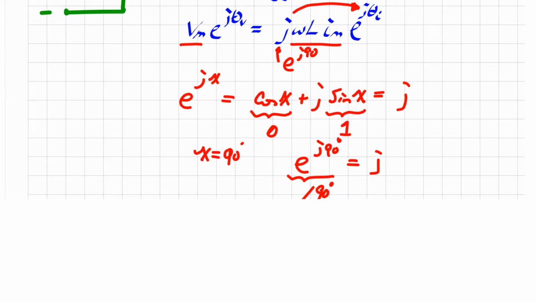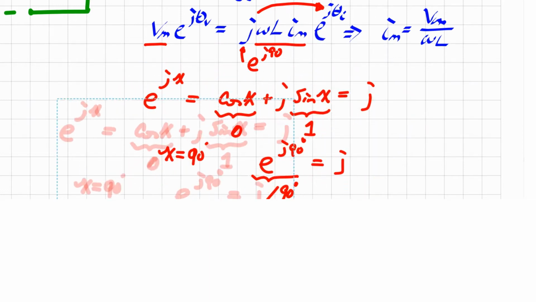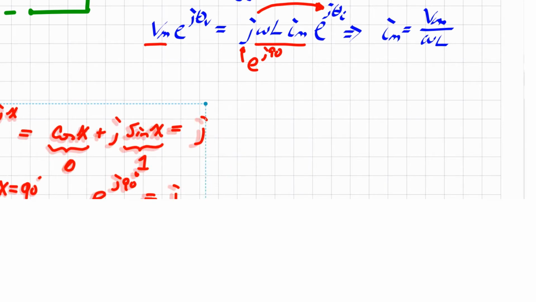And therefore, we end up with the amplitude Im equal to Vm divided by omega L. But this time, theta I is no longer theta V, because, as we already proved, j is 90 degrees.